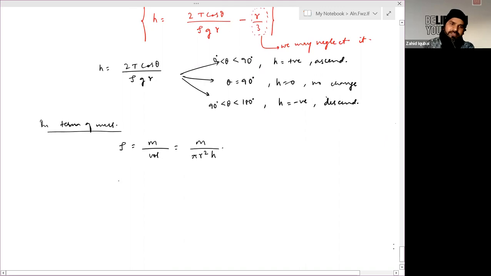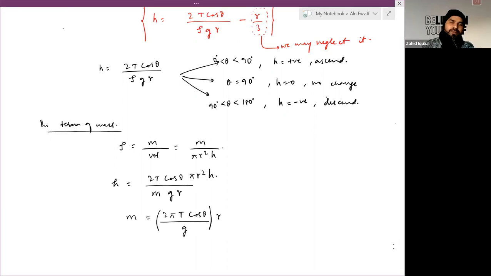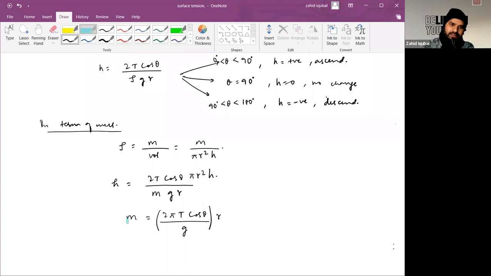Put this term in the above expression, you will get h equals 2T cos theta divided by rho, that is m by pi r square h, times g into r. r cancels out, h cancels out. So you're left with m equals 2 pi T cos theta divided by g, whole multiplied by r. So in this part, mass will be directly proportional to the radius of that particular capillary tube.